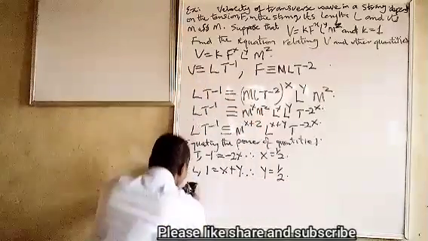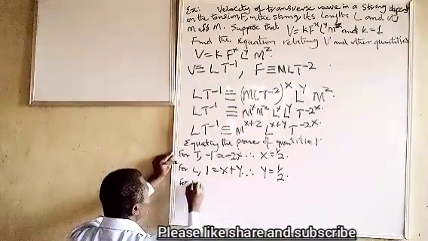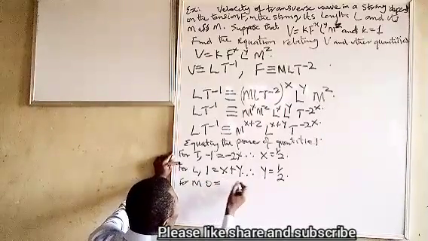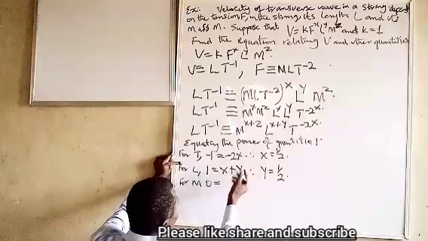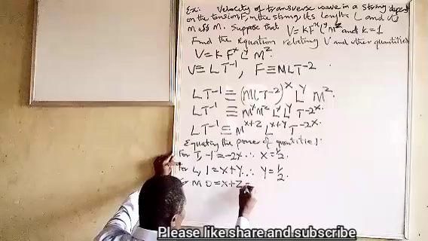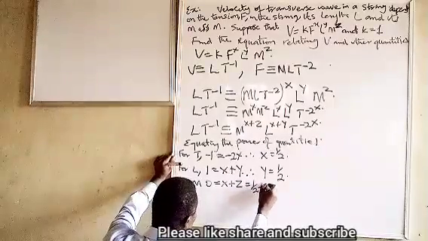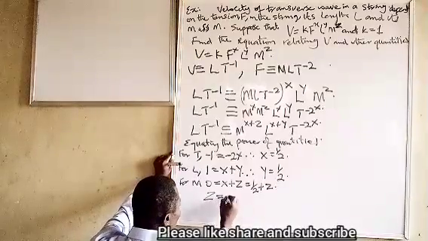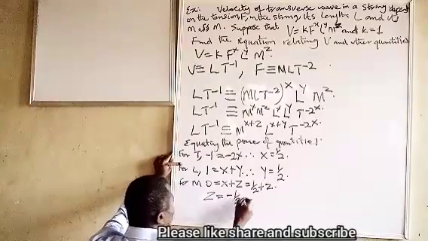Now for M, 0 equals x plus z, which is half plus z. From this, you can deduce that z is equal to minus half.